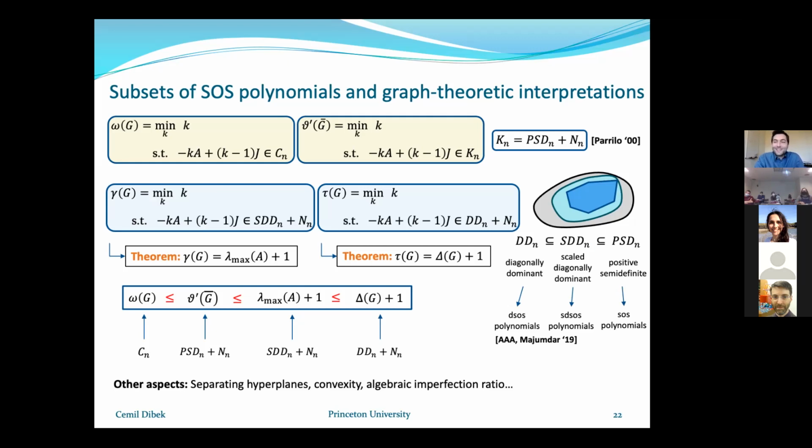Well, I have a good answer to this question, but you should promise we will keep this between us. I have two advisors at Princeton, right? One is Amir Ali, and the other is Maria Chudnovsky. Amir Ali is working on sum of squares polynomials, and Maria is working on perfect graphs, and they are both obsessed.